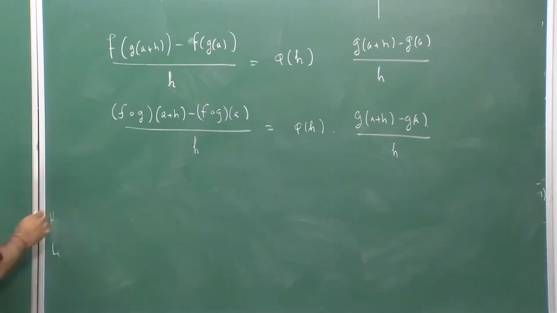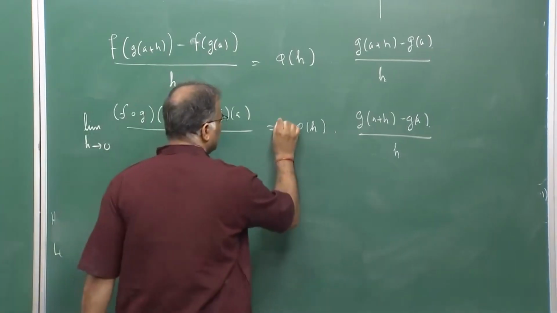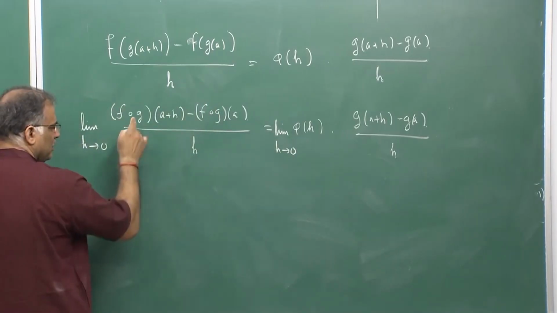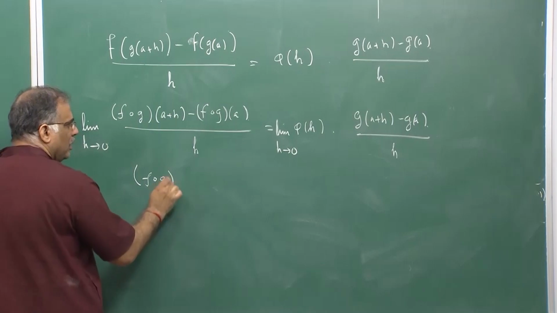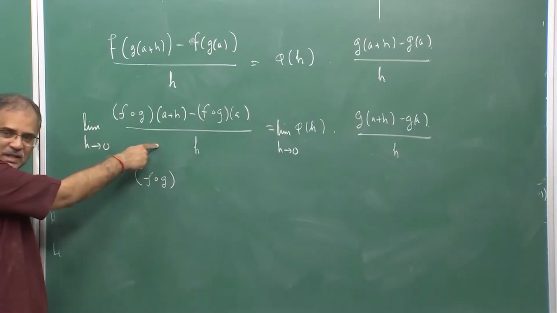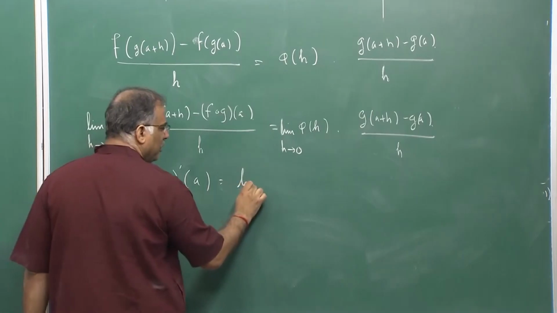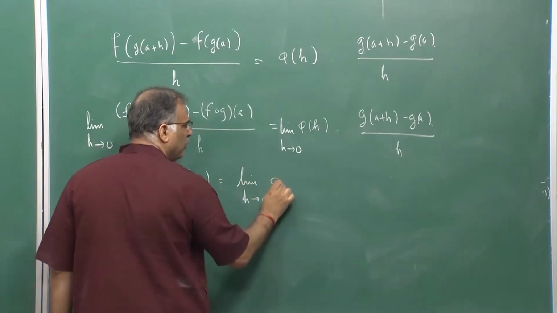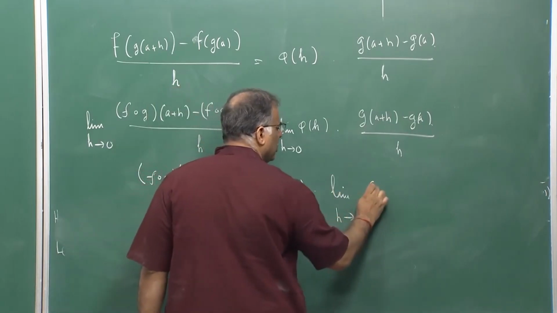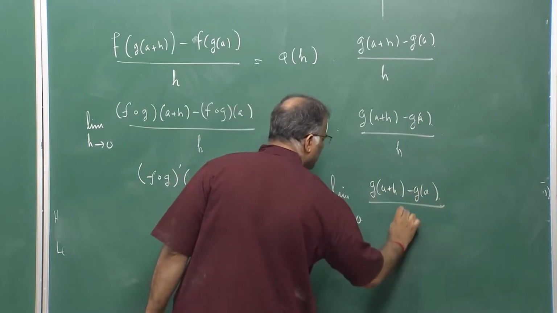Now if I apply the limit as h tends to 0 on both sides, then because the limit of these two quantities exists, the limit of this side must also exist, and hence f composed with g is differentiable at a. This is the limit of phi(h) times the limit of g(a+h) minus g(a) by h.